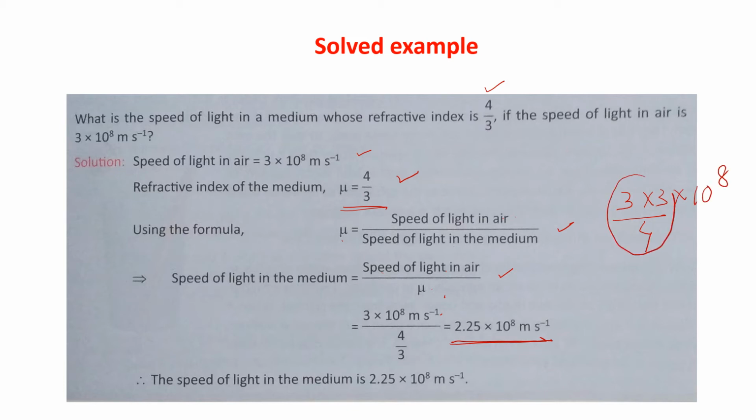Now solve this, 9 by 4. It is coming 2.25, and 10 to the power 8 is written as it is. So speed of the light in the particular medium is 2.25 into 10 to the power 8 meter per second. I hope I am clear to you.